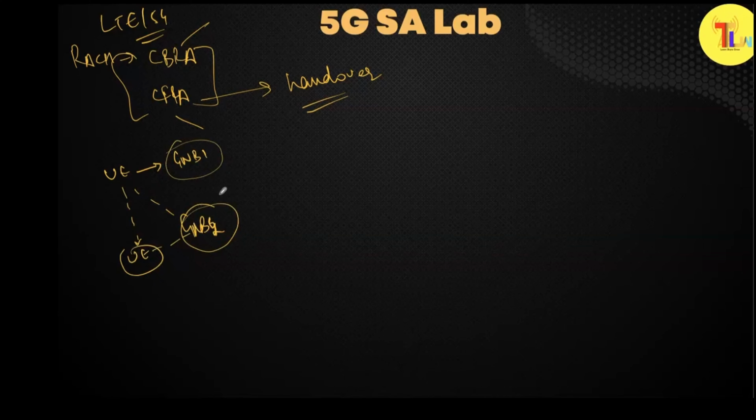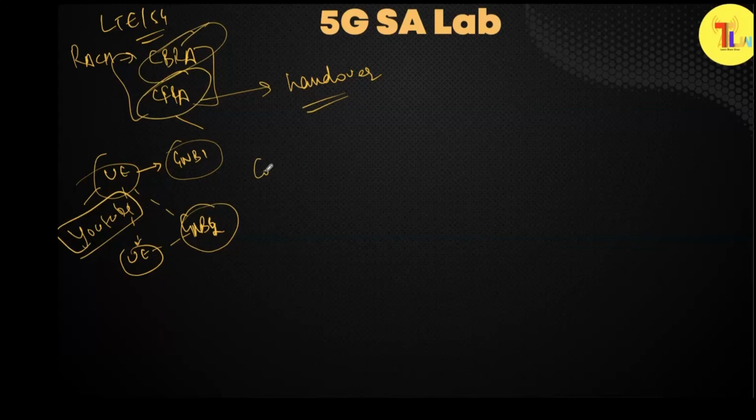You may ask why we need this handover RACH procedure, since it may impact services. For example, you are using a YouTube video and you are moving, so how will you have the RACH procedure in that scenario? For that reason, we have the contention free random access procedure, CFRA, because it is connected mode.